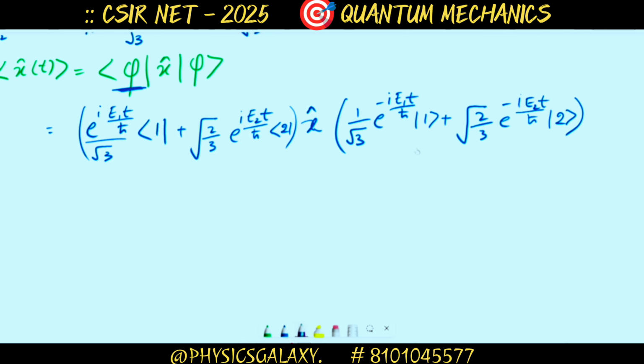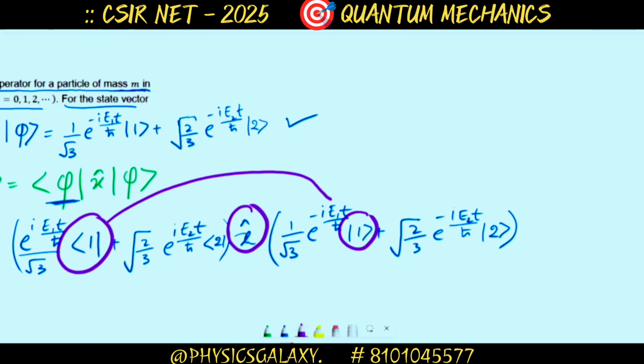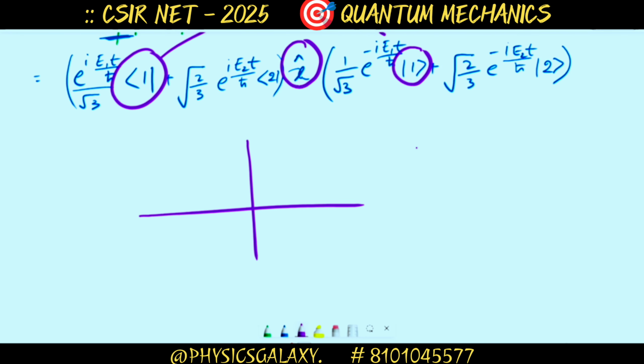So one thing to remember is that some terms will cancel out, because when we operate with this one, we will get 0. Why? Because this is an odd function. As we know, for a simple harmonic potential, we have even and odd functions.